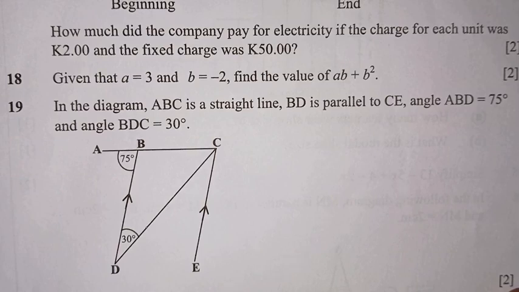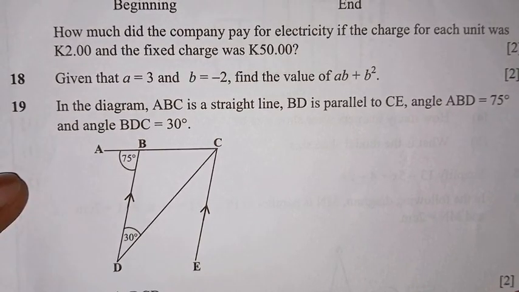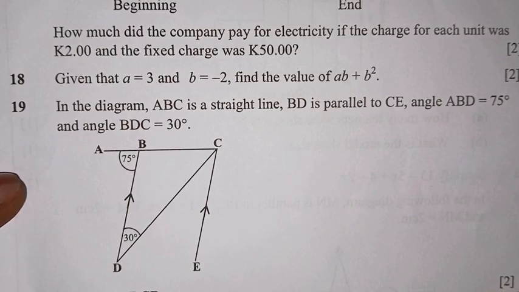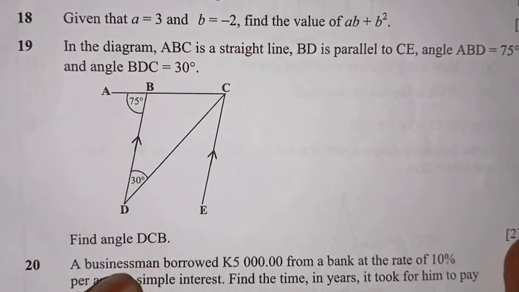So then we come to question 19. In the diagram, ABC is a straight line, AD is parallel to CE, and angle ABD is 75 degrees, and angle BDC is 30 degrees. Here we are being asked to find this angle.